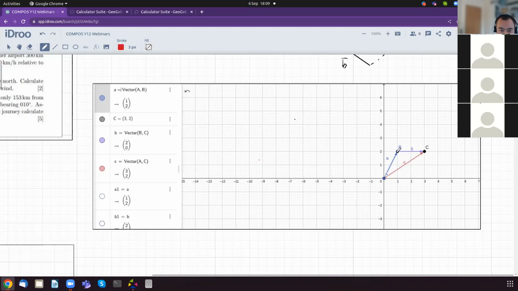This is vector A, and here it is, 1, 2. Vector B is 2, 0. And C is the total of the two: 1 plus 2 is 3, and 2 plus 0 is 2. Vector 3, 2. And here it is.